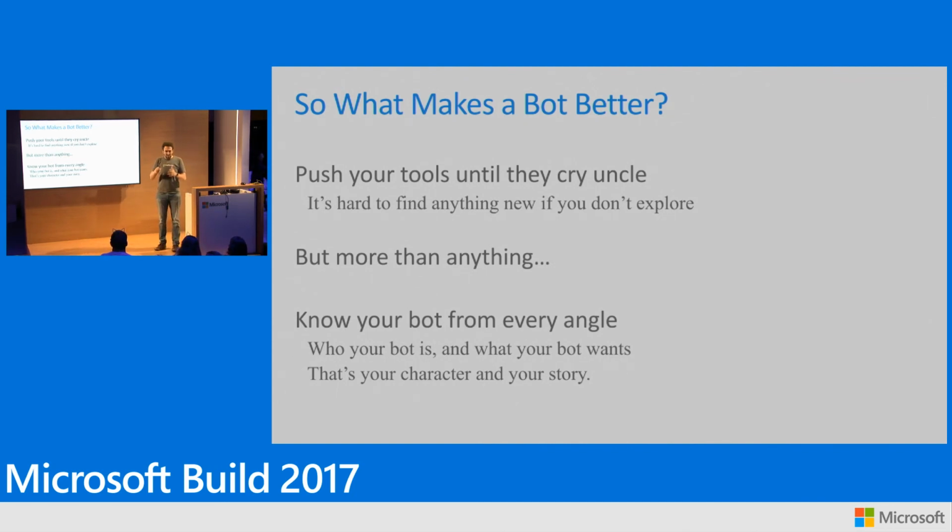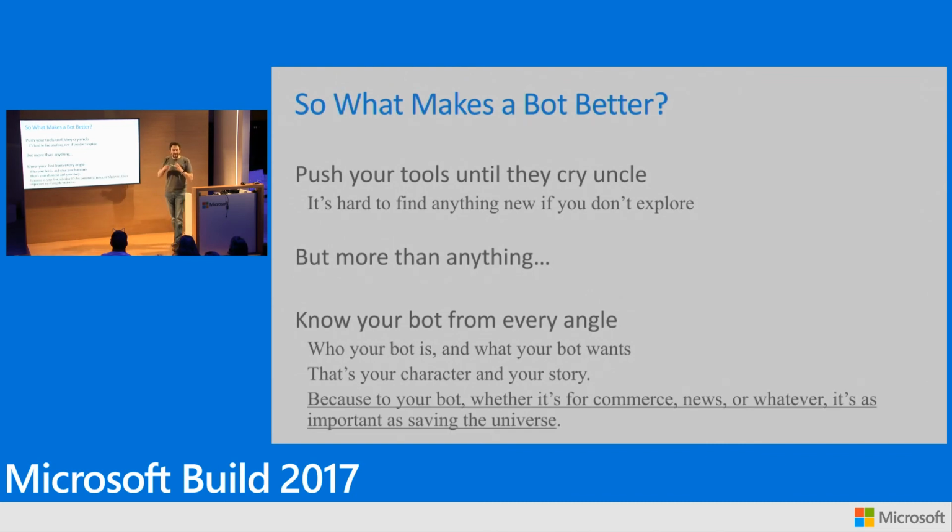Because whether you're taking them through the news, the weather, customer care, purchase flows, whatever that is, it's important. It's your bot's reason for existing. It's the most important thing in your bot's life, and it's every bit as important as Doctor Who saving the universe. So think of your bot as a person who has a story and a character with a want and a need, and I don't care what you're building, it will help you.